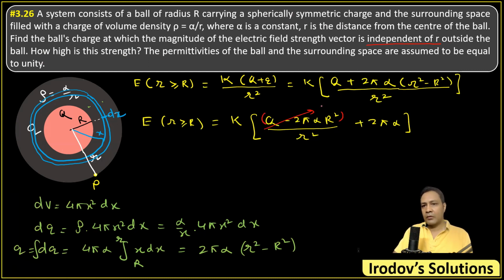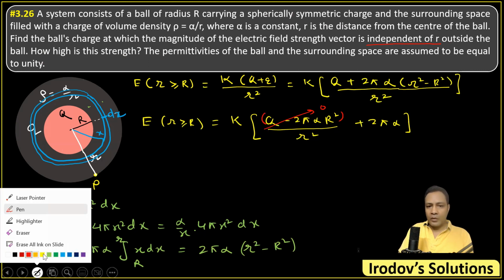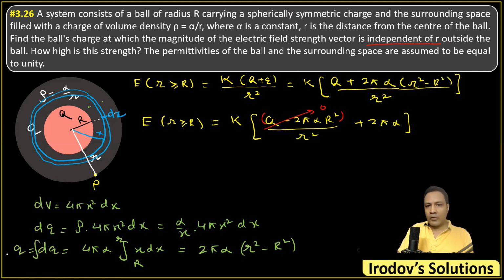So if this becomes 0, capital Q will become 2 pi alpha capital R square. And this is the answer to the first part: what is the ball charge at which the magnitude of the electric field strength vector is independent of r.